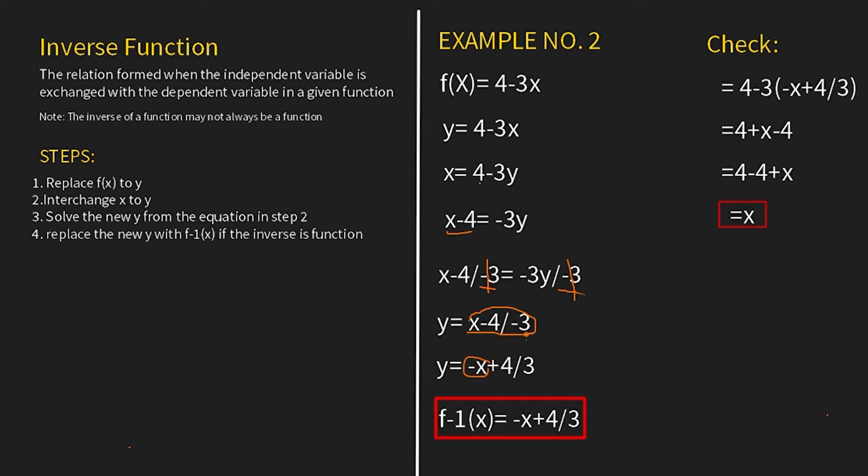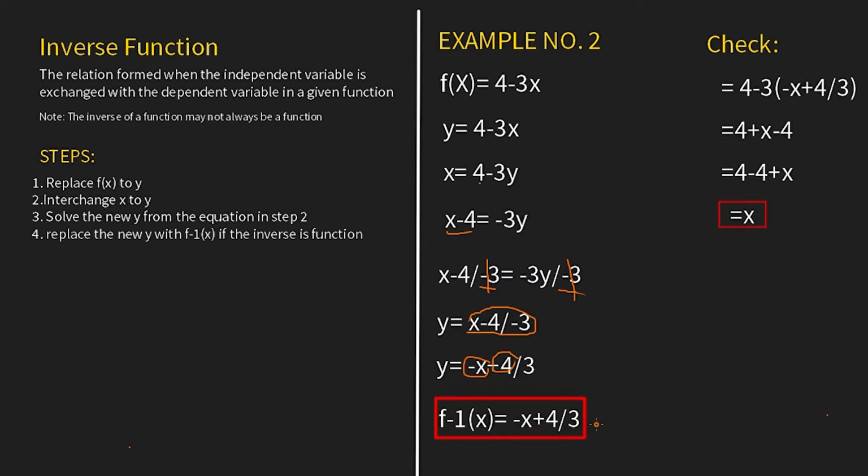Negative 4 divided by negative 3 is positive 4 over 3. Now, our last step is to replace the new y with f inverse of x if the inverse is a function. Now, f inverse of x is equal to negative x plus 4 over 3.